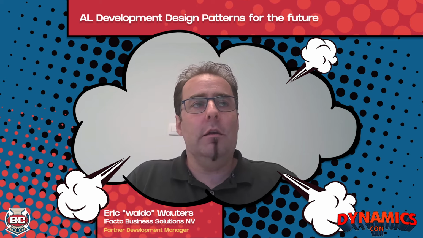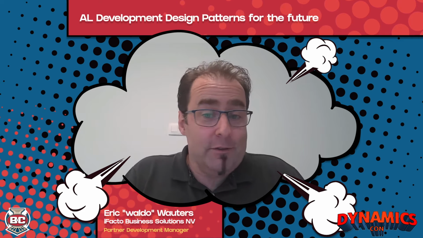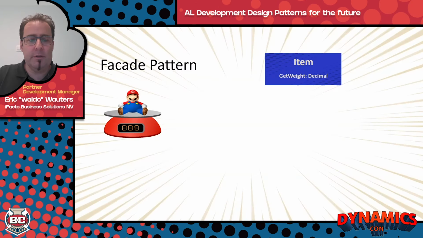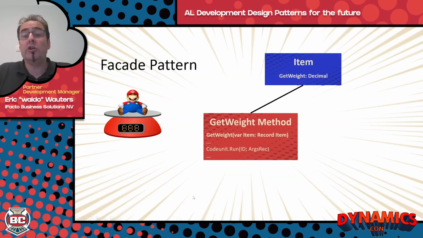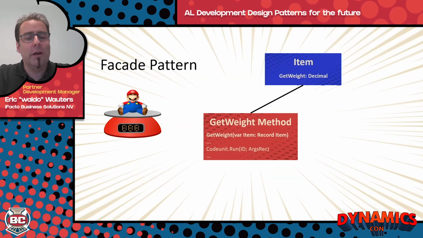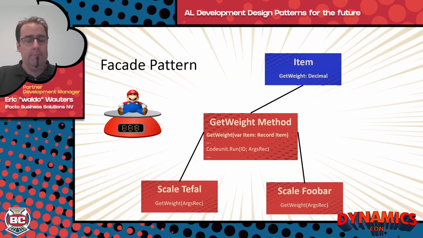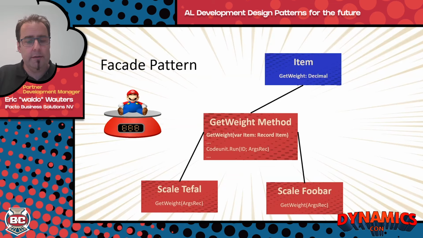How do I make that functionality so that, for the item, it doesn't really matter how you get the weight from it? Well, that's a typical implementation with the facade pattern, where the facade, and this is actually the facade, a codeunit, is going to make sure to run the right other codeunit to get the weight. So that could be like a TFL scale, let's say, that is going to get it from a DLL, maybe, that connects to the scale itself and then gets the weight and basically just saves it to the item.